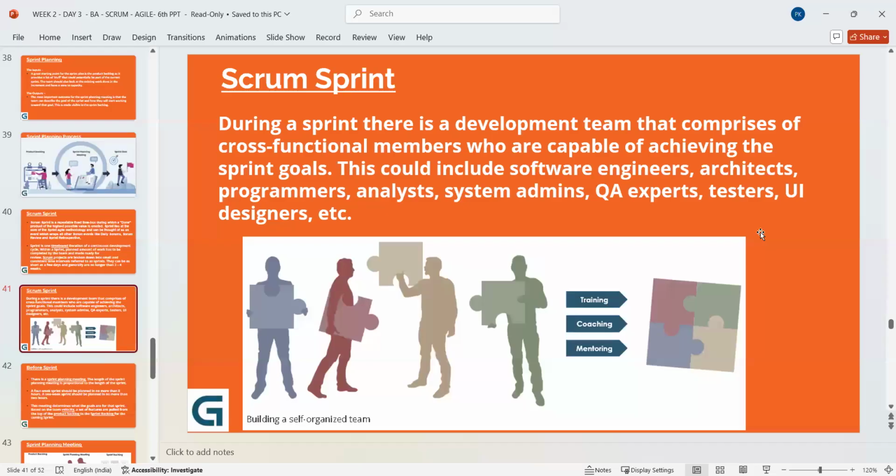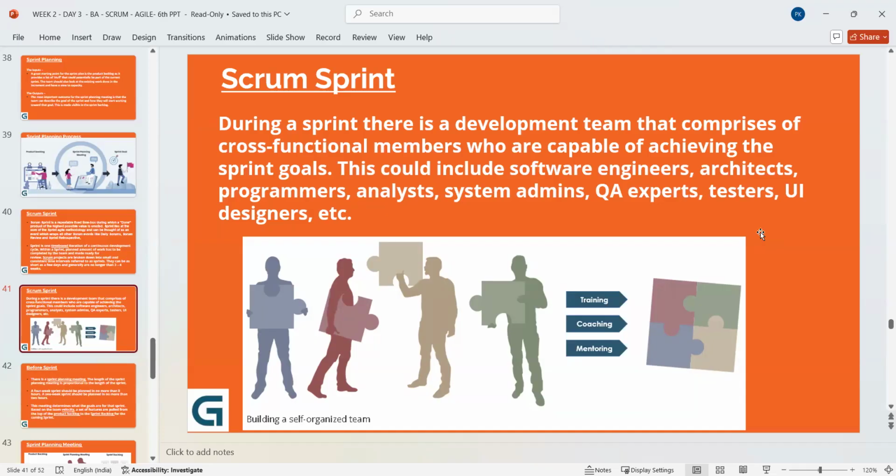In this we have software engineers and architects that we had discussed, programmers, meaning developers, BAs, system admins, database experts, quality assurance experts, designers, web designers, everything that you could think of, and that is the ultimate blend of this team.